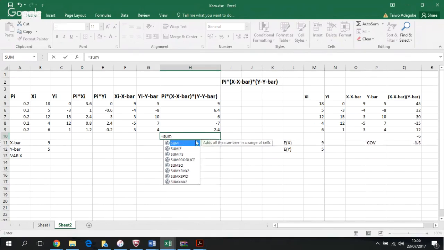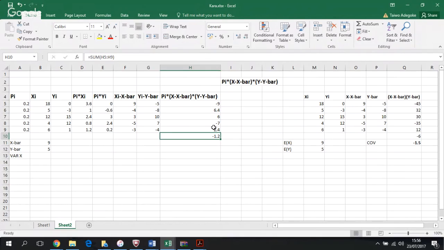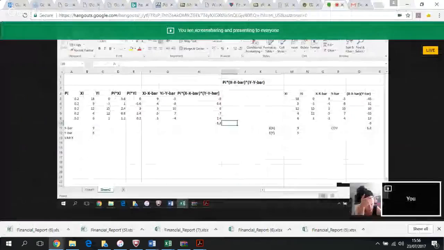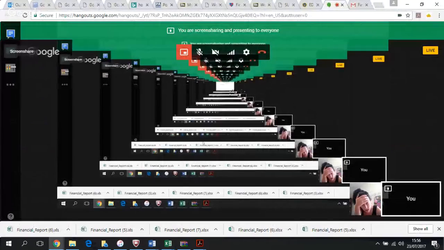So let me just sum this. Minus 1.2, the same thing. Okay, so then you have to be explicitly told that it's a sample covariance for you to put that n minus 1.